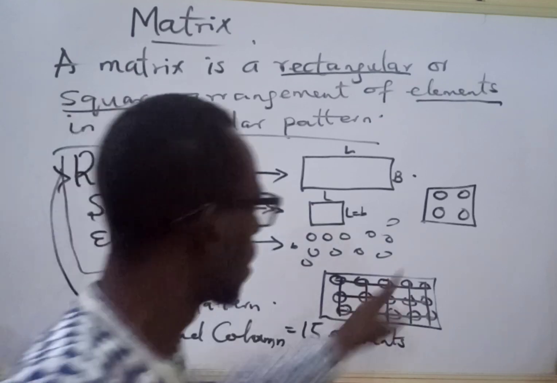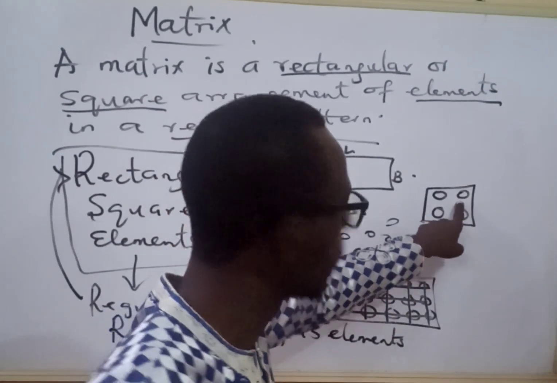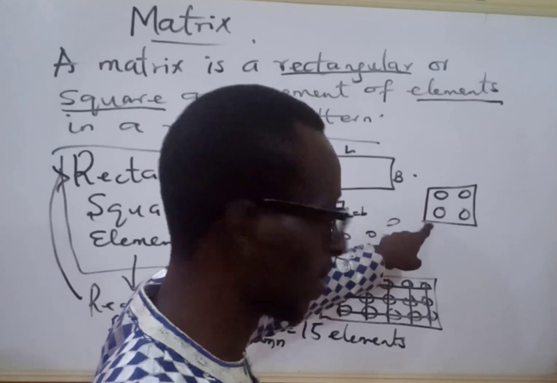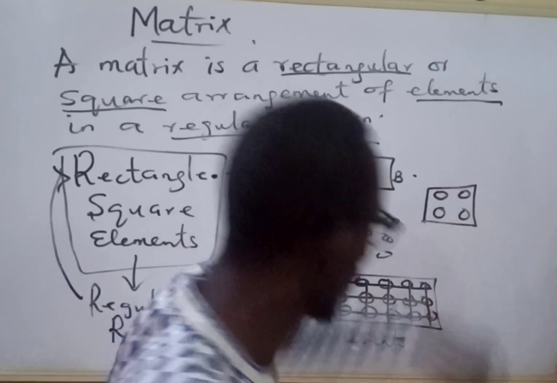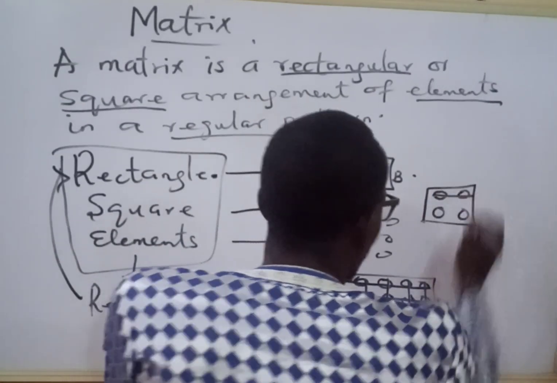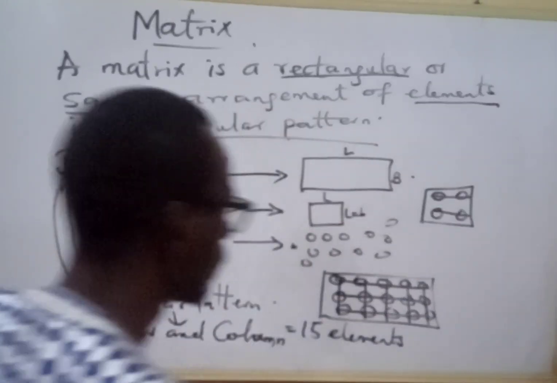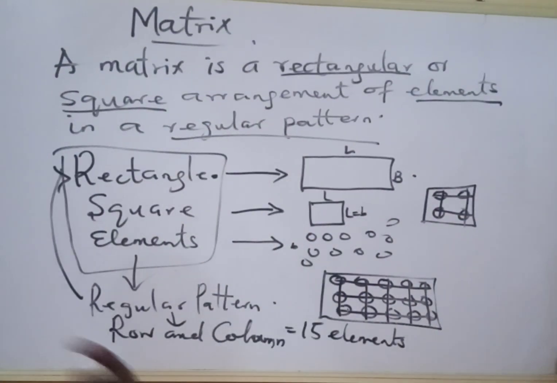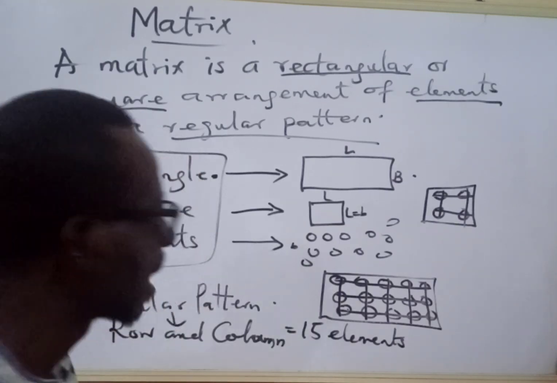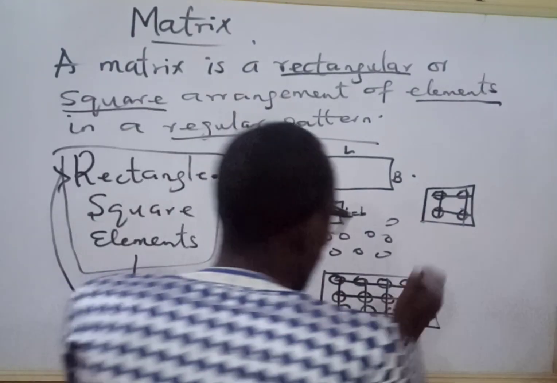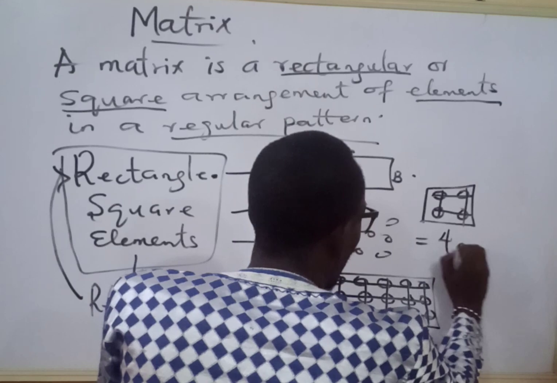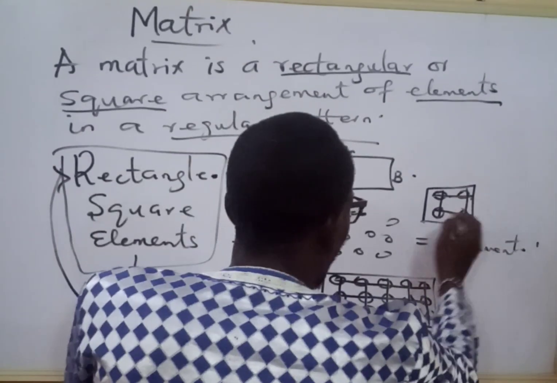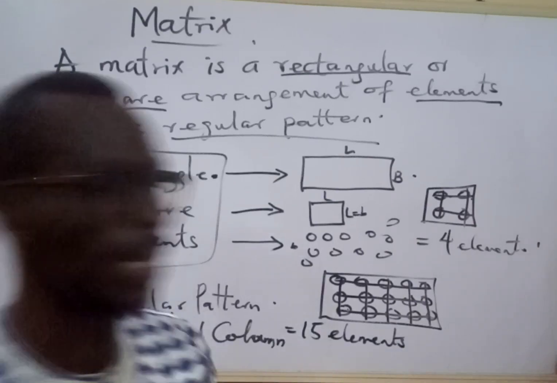We can see that we have the same number of elements in the first row and the second row, and in the first column and the second column. We have 2 rows and 2 columns, and the number of elements here gives us what? 4 elements. Either you count one by one, or you multiply the row by the column.